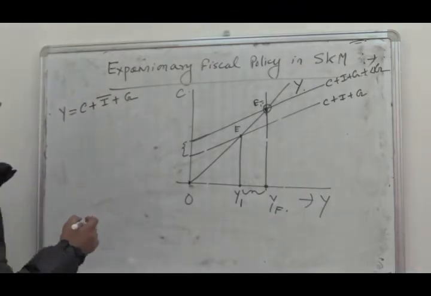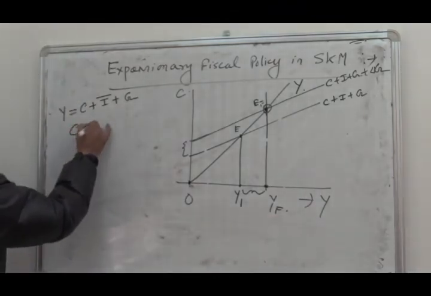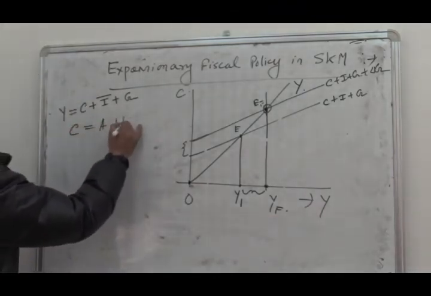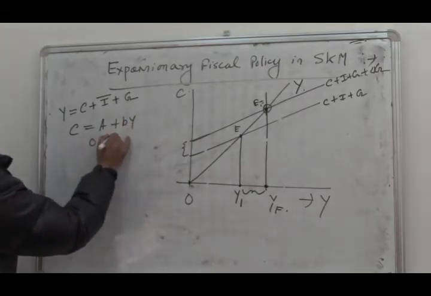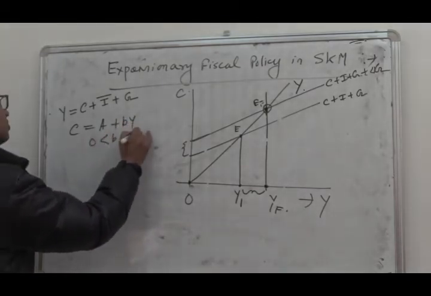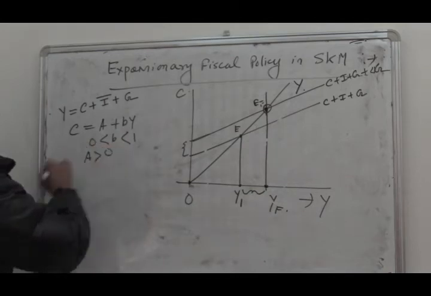So let us start. The standard consumption function is C equals A plus bY, where 0 is less than b less than 1, and A is greater than 0.